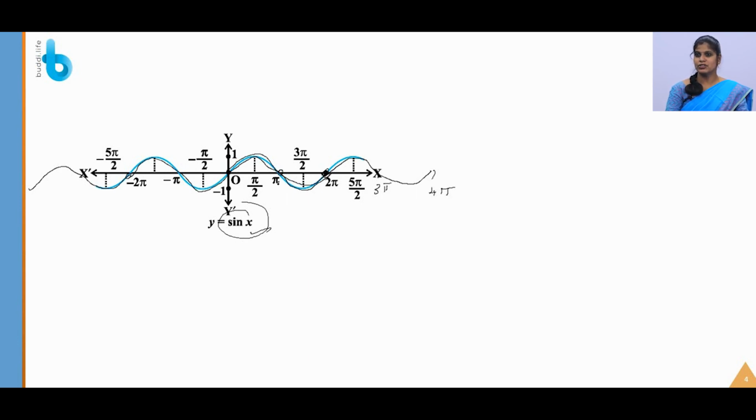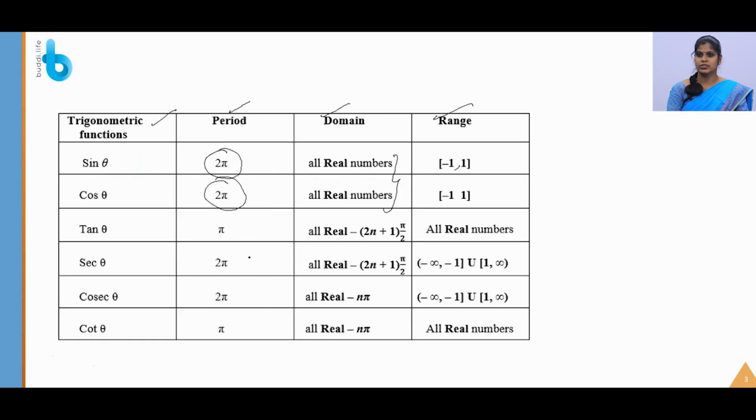So the period refers to the part of the curve where it gets one complete rotation. Coming back to this table, the period for tan is pi, and the domain is all real numbers except (2n plus 1) pi by 2. Why are we neglecting (2n plus 1) pi by 2? See, tan is sine theta by cos theta.